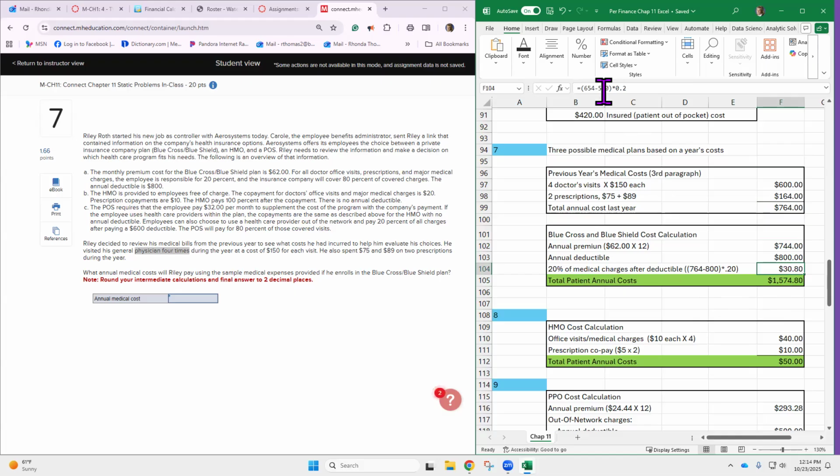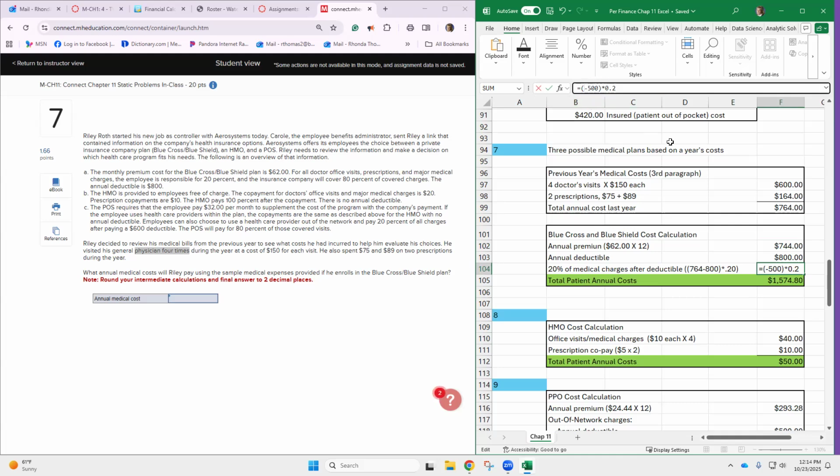So this is going to be 0 here, just a minute, because he hasn't met his deductible, right? How much are his medical costs from last year? $764. What is his deductible? So he's not going to get any help from that 80%, not on this bill. Bills after it, maybe, if he ends up having more healthcare costs than he had last year.